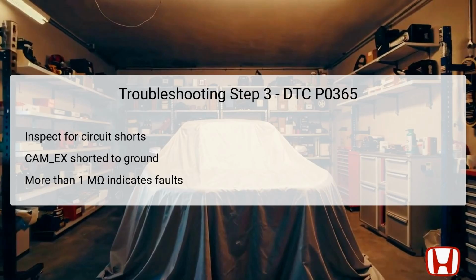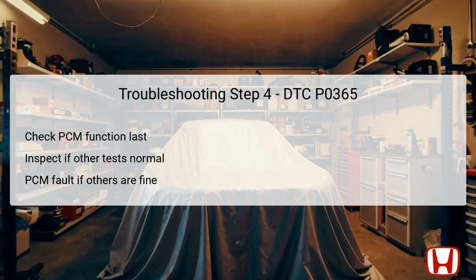Conversely, if the resistance is below this value, there is a fault that needs addressing. Implementing corrective measures for any identified circuit shorts is crucial to restoring proper function and communication between the CMP sensor B and the PCM.